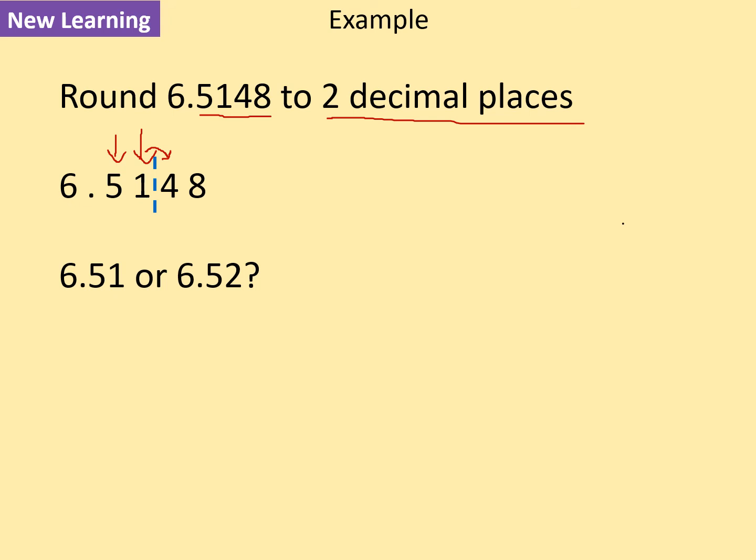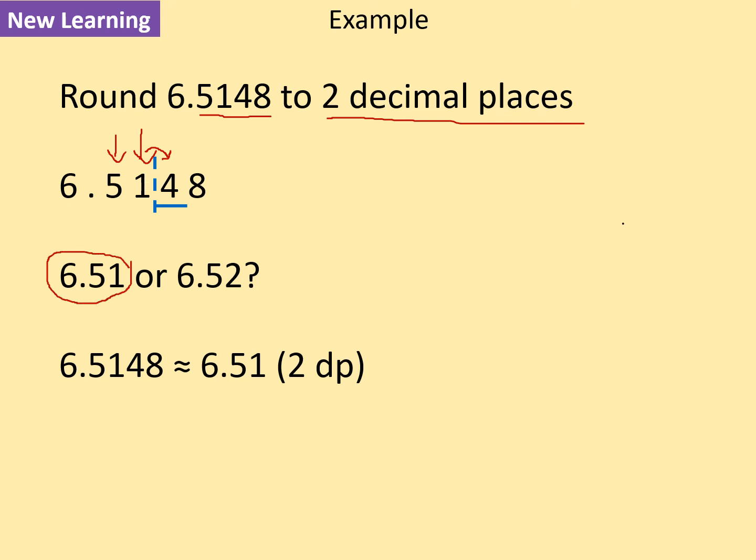In this case, it's 4 or less because it is 4. So that number is going to round down. So it's going to be 6.51. Therefore we can say 6.5148 is approximately equal to 6.51 to 2 decimal places. Brilliant.